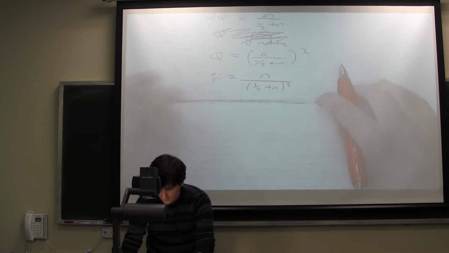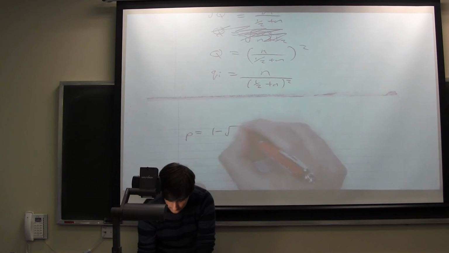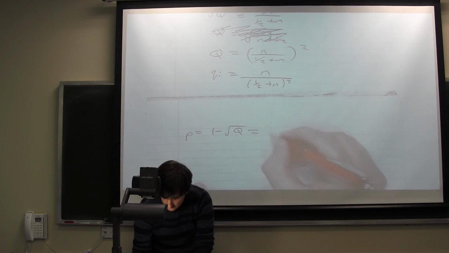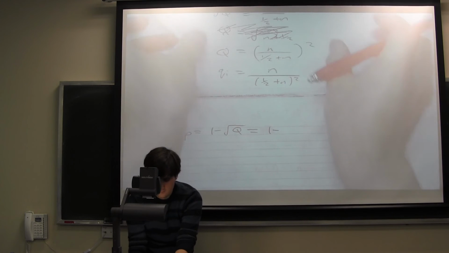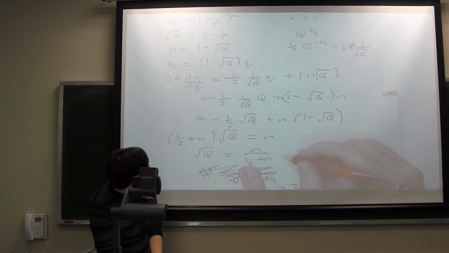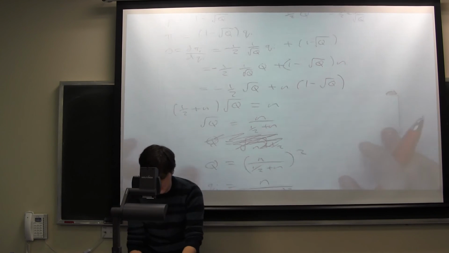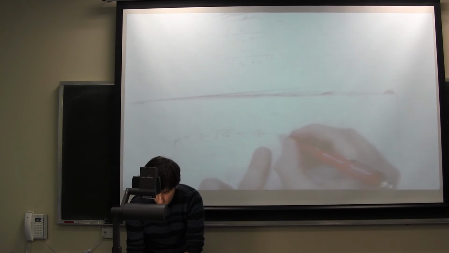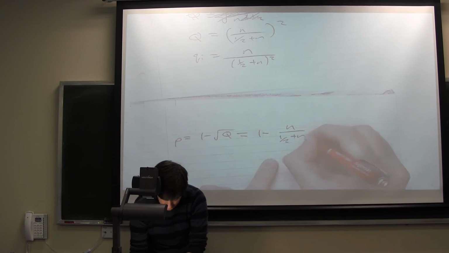And the other thing we need is the price. Okay, so the price is equal to 1 minus square root of q. And we found an expression for square root of q before, right? The square root of q is n over half plus n. So the price is 1 minus n over half plus n.